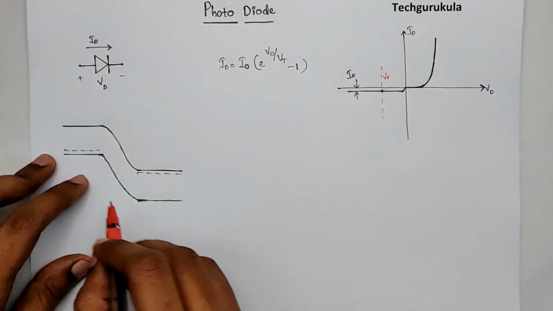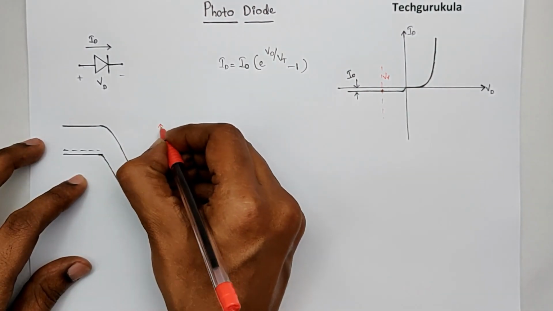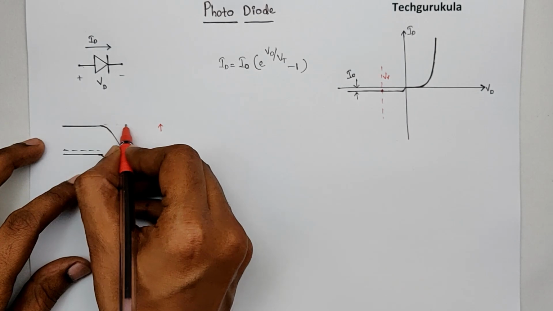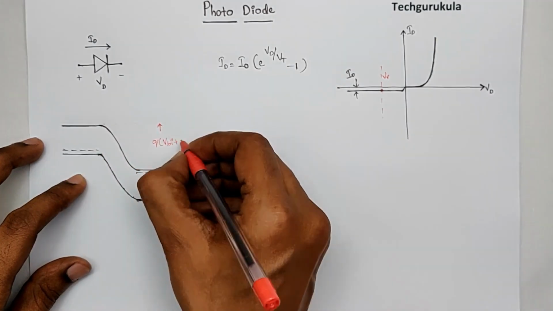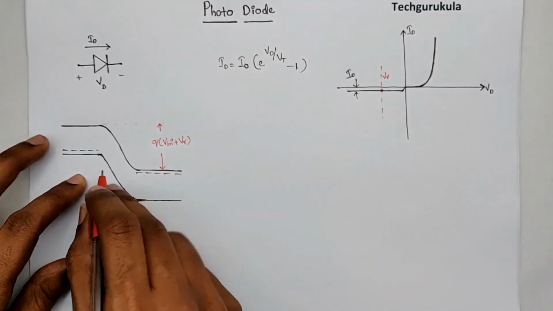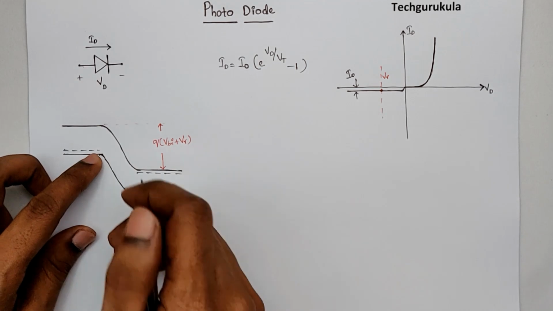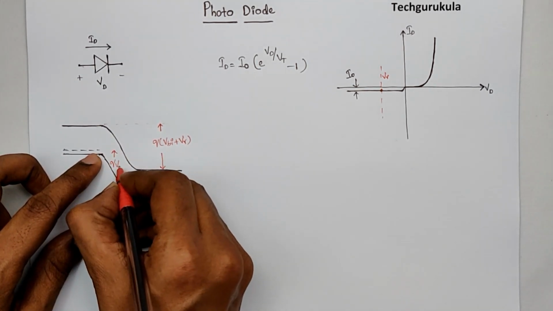In that case, the entire energy band bending would be equal to Q times VBI plus the applied reverse bias voltage. Here the Fermi energy levels have split, and the difference between them would be Q times VR.